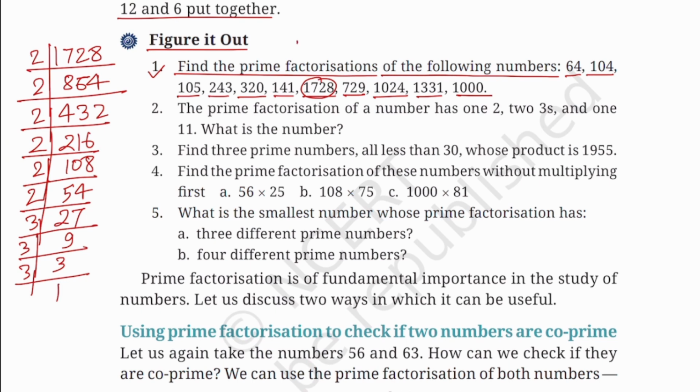So you can write 728 as 2 into 2 into 2 into 2 into 2 into 2, 6 times 2, 1, 2, 3, 4, 5, 6, and 3 times 3.